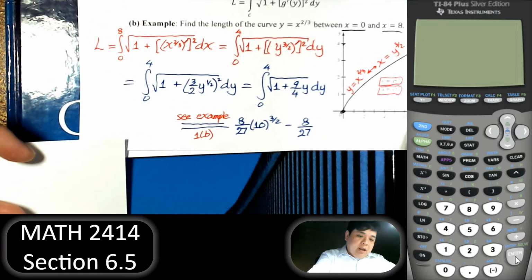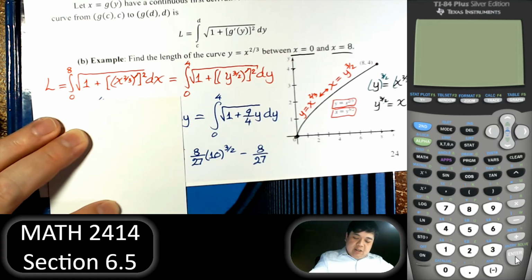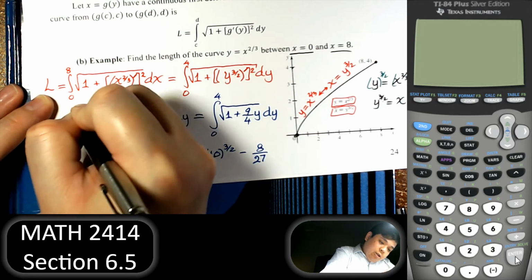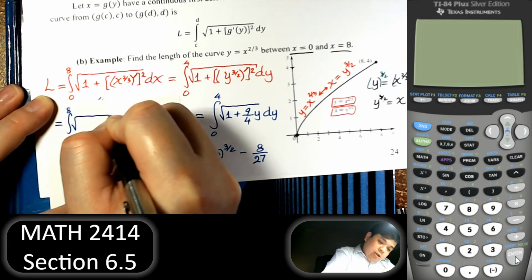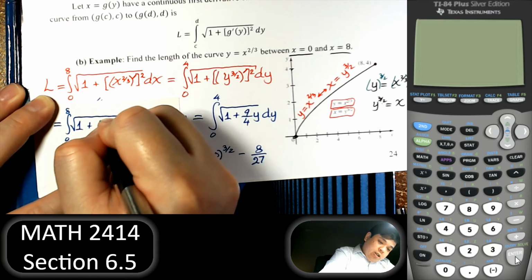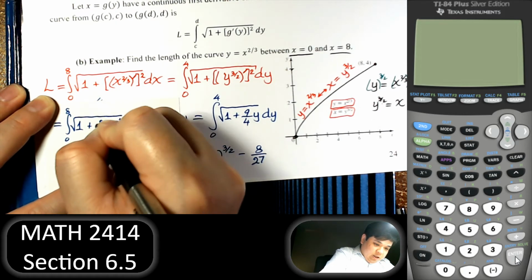So I'm going to go from there. The derivative of this is 2/3 x to the negative 1/3, squared.